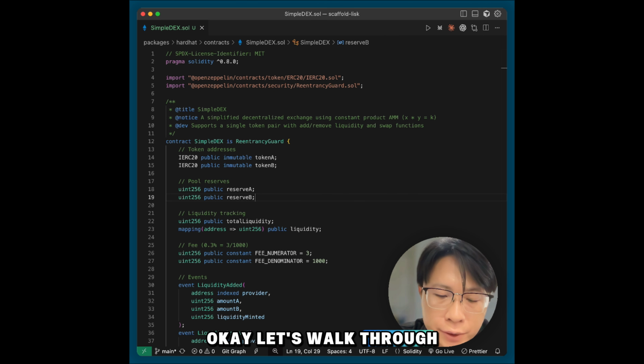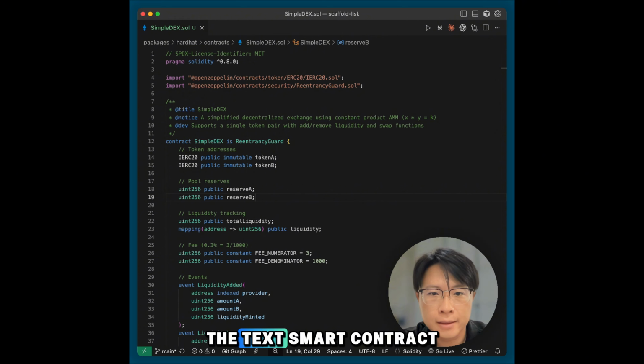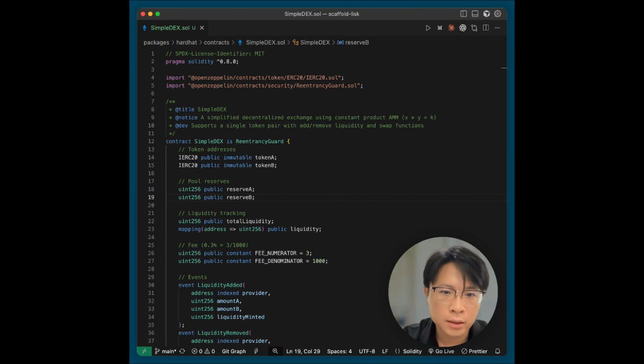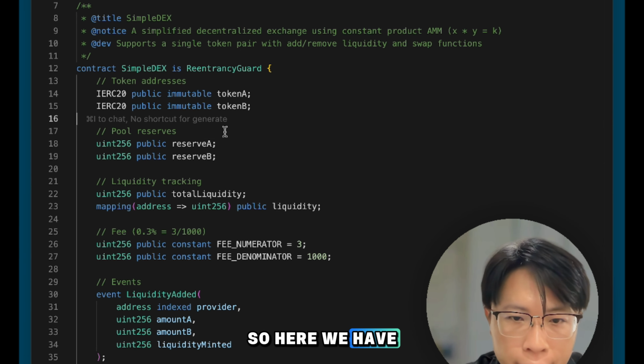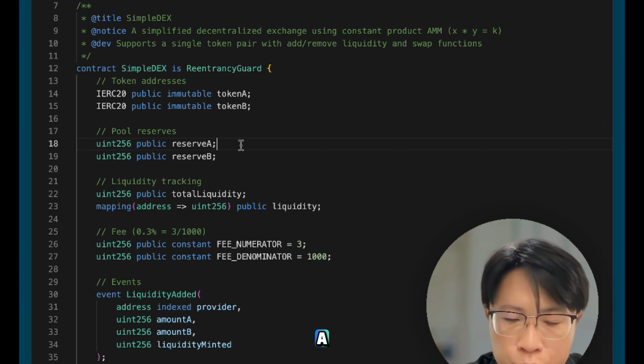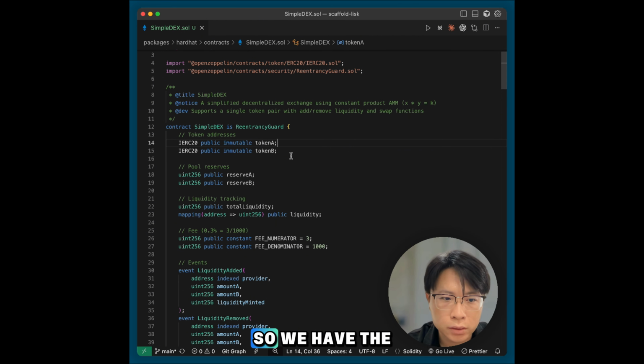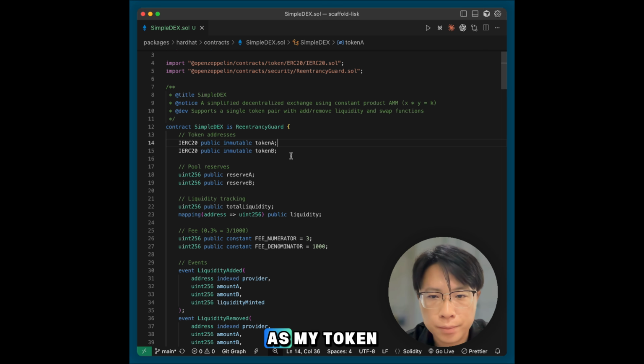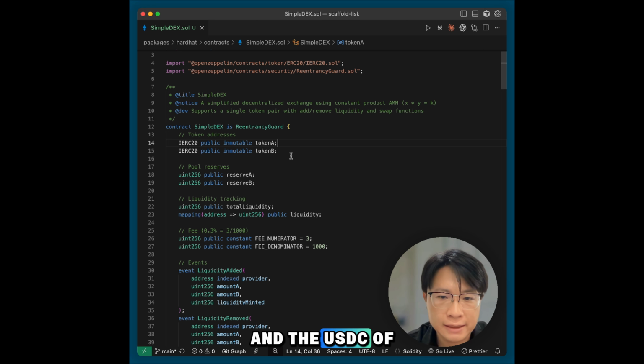Okay, let's walk through the DEX smart contract. Here we have the state of the contract structure. We have the token addresses, which will be my token and USDC, as token A address and token B address.